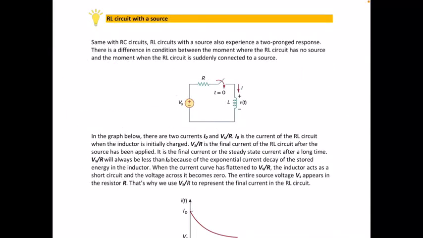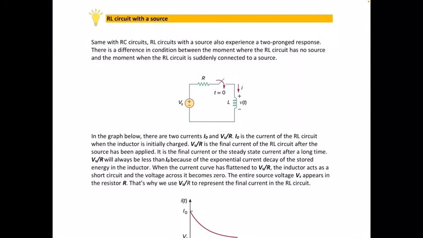Now moving on to our final topic for this lesson, RL circuit with a source. This topic borrows so much from its predecessor, which is RC circuit with a source.